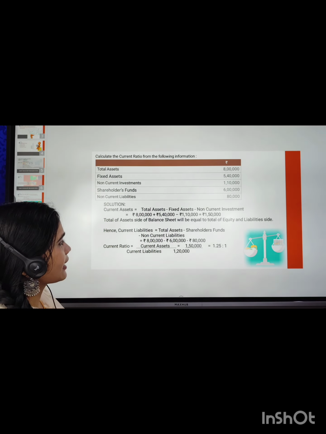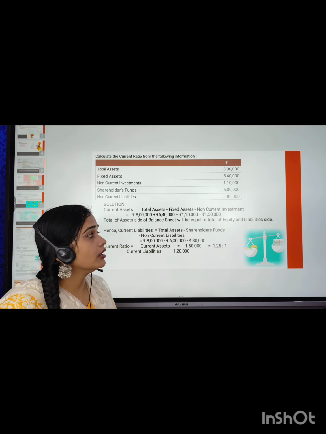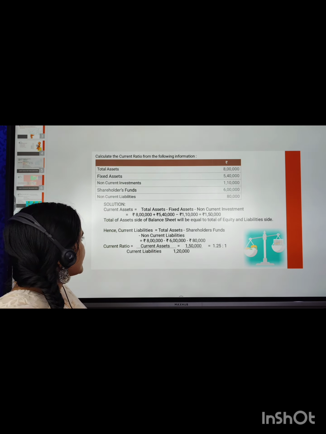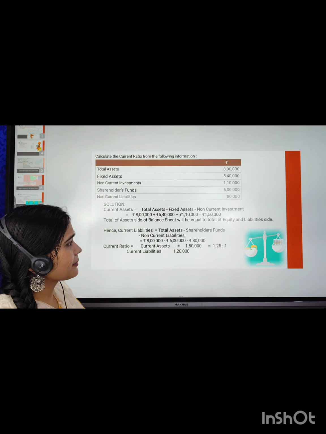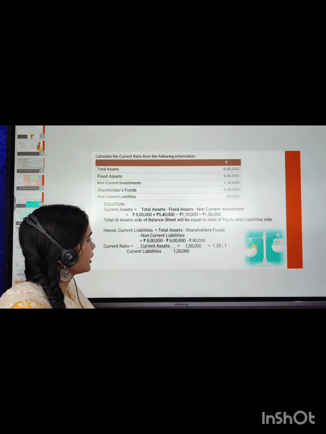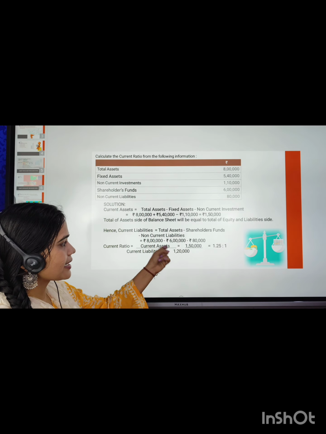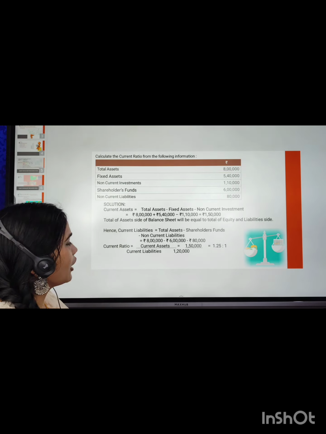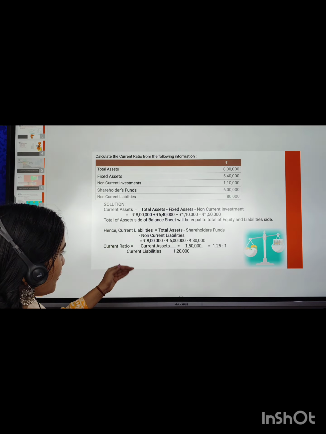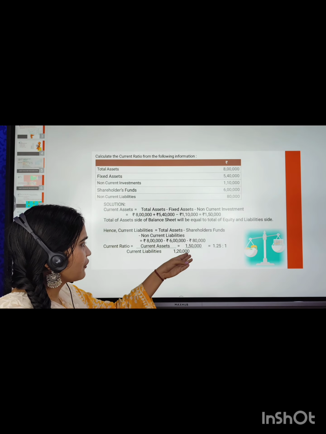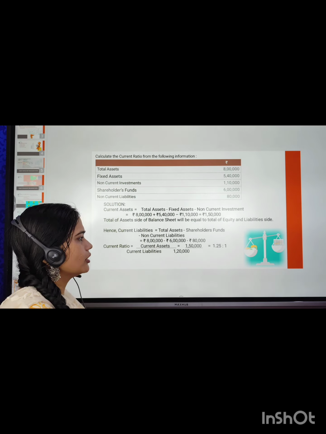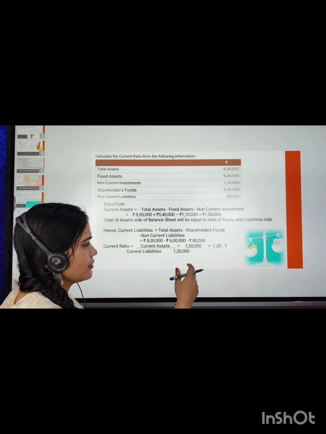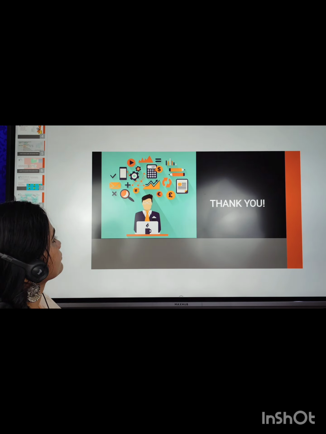The total asset side of the balance sheet will be equal to the total equity and liability side. So hence current liability is total asset minus shareholder funds minus non-current liability, that is 8 lakh minus 6 lakh minus 80,000, which is 1,20,000. The formula of current ratio is current asset upon current liability, that is 1,50,000 upon 1,20,000. So that is 1.25:1. Thank you.